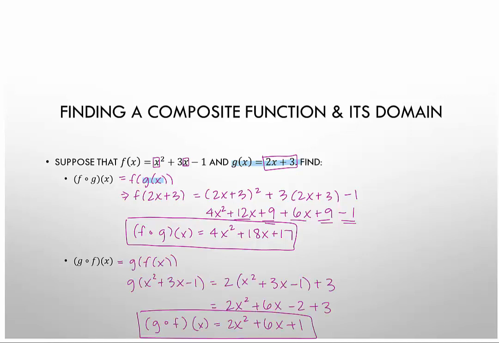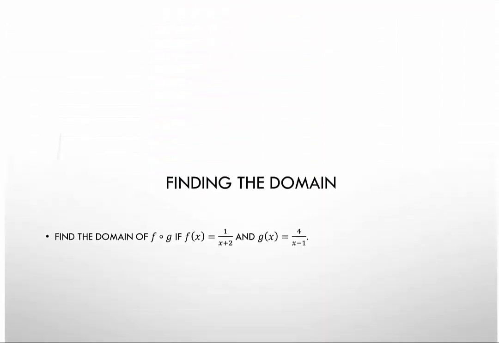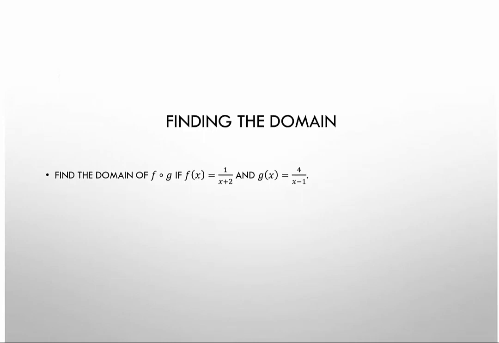So did you get your g of f of x to be 2x squared plus 6x plus 1? Hopefully. Okay, so when we talk about finding the domain, what we're looking for first is if there are any restrictions on either of these pieces. I know that for f of x, I need to look at this fraction. When my denominator equals 0, we have a problem.